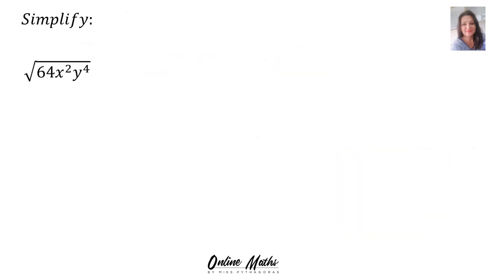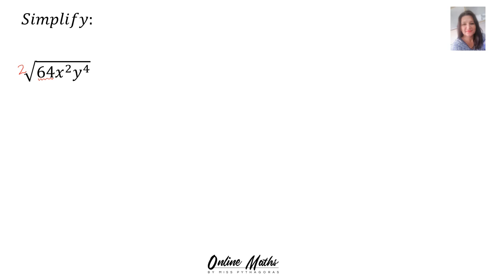Now, in terms of square roots, when you have to simplify this, with the numbers, the coefficients, the square root of 64 is 8. But when it gets to the variables, you do it this way around. When there's nothing there, there's an invisible 2, since it's a square root.